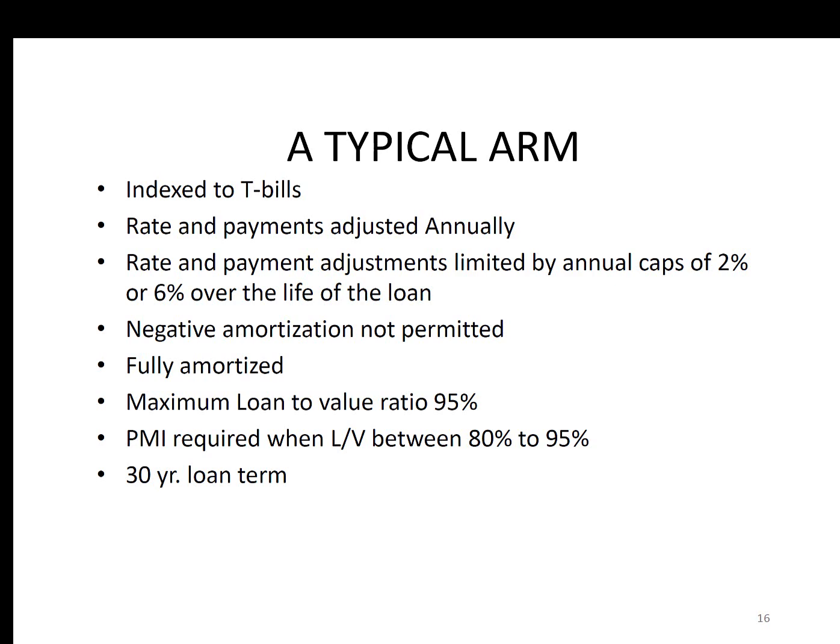Negative amortization is not permitted; it's really a fully amortizing loan. The maximum loan-to-value ratio could be 95%, but primary mortgage insurance is required if the loan-to-value ratio is between 80% and 95%. It is usually a 30-year loan term.